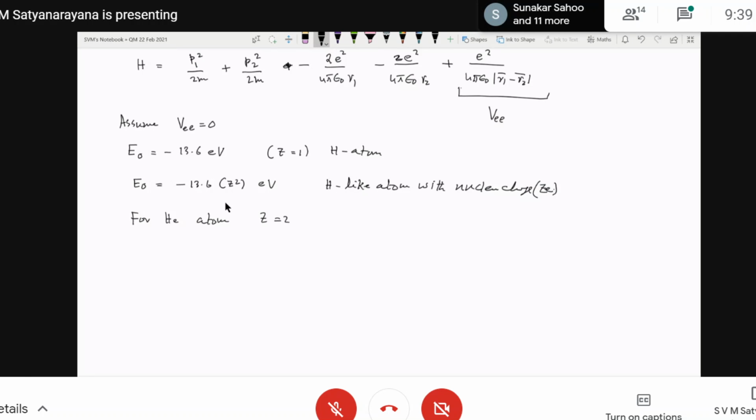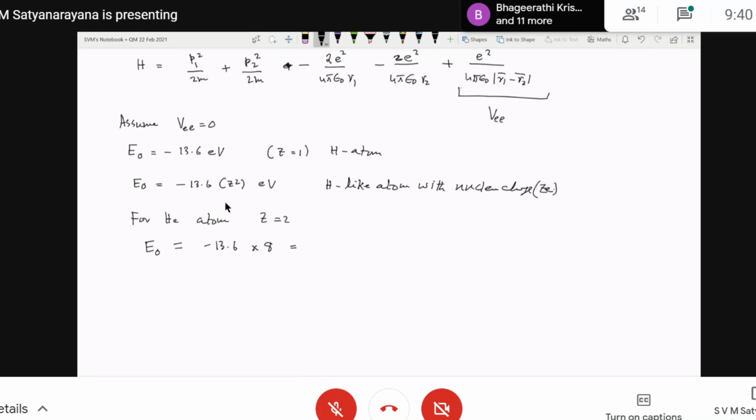So one electron will have an energy of minus 13.6 into 4, but we have 2 electrons. So the ground state energy for helium atom, which is what I am estimating, can be written as minus 13.6 into 4, but then there are 2 such electrons, so it is 8.